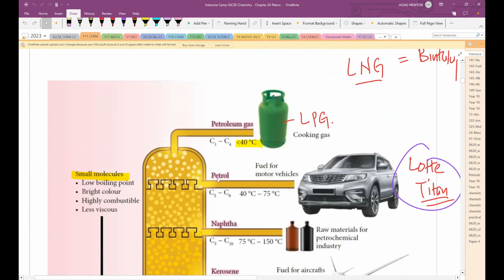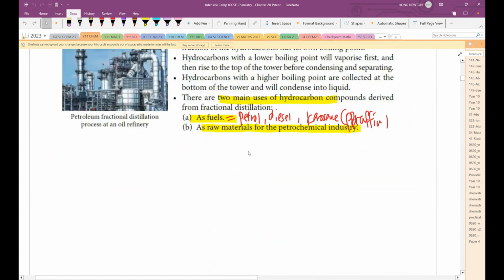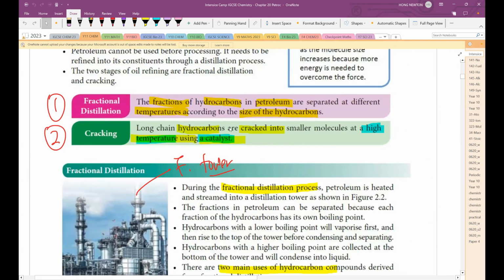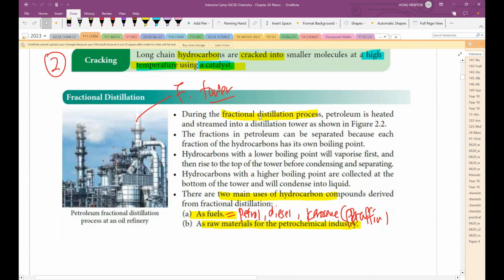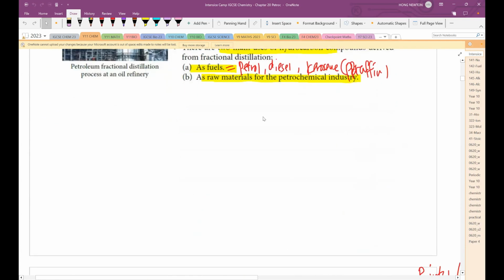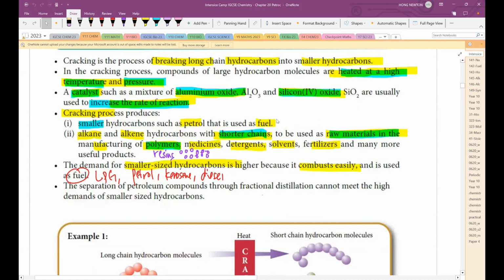The products from fractional distillation cannot be broken down into smaller chains; they are just used for combustion or fuel, like petrol and diesel. Cracking also breaks down long chains of hydrocarbon, but it uses higher temperature and pressure, with catalysts such as aluminum oxide and silicon 4 oxide.